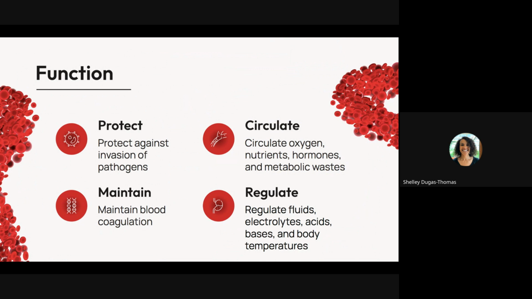It also maintains hemostasis by regulating fluid balance, pH, and electrolyte levels, and by distributing heat to support a stable body temperature. The blood also regulates physiological processes such as blood pressure, temperature, and immune responses, and it ensures proper delivery of hormones and other signal molecules throughout the body.